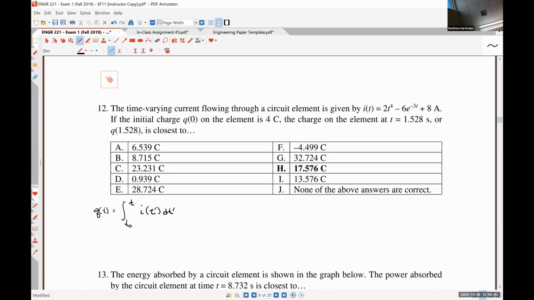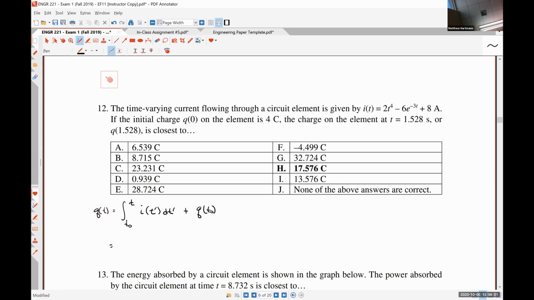They do not mean take the derivative or anything like that. I just have the variable t in my limits of integration, so they shouldn't be inside my function as well. All of this integral plus the initial charge at the time that we know.